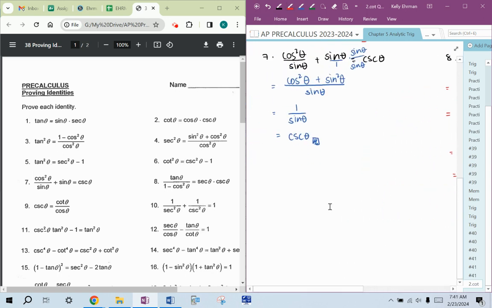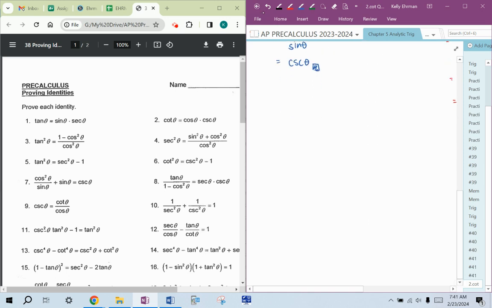All right, last two for this video. So number 9, cosecant theta is supposed to equal cotangent theta over cosine theta. So I think the right side is more complicated than the left, so I'm going to rewrite cotangent theta using my quotient identity.